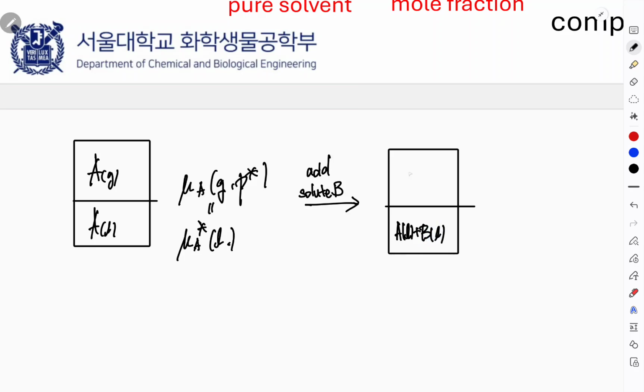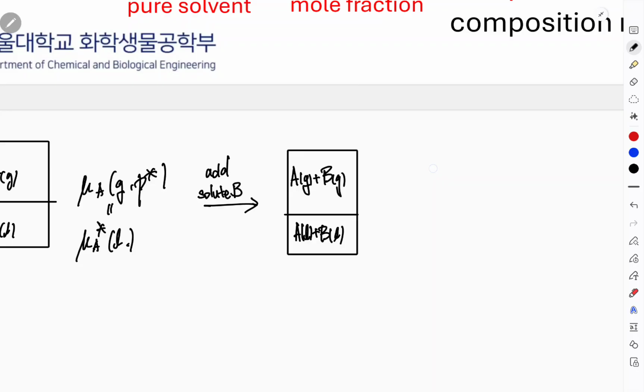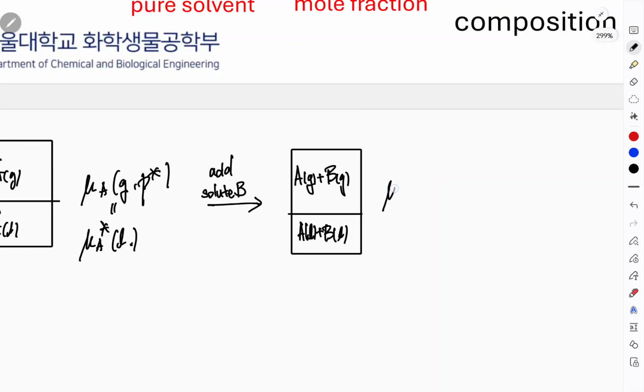But in this case, if the system is in equilibrium, the chemical potential of A is always the same. So here we're gonna just make the chemical potential of A in the gas phase at the pressure, so this is the vapor pressure for this mixture, equal to the chemical potential of A in the liquid.